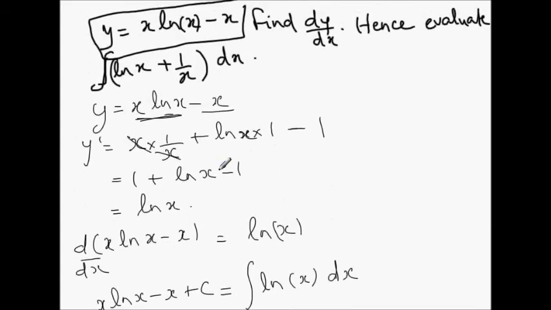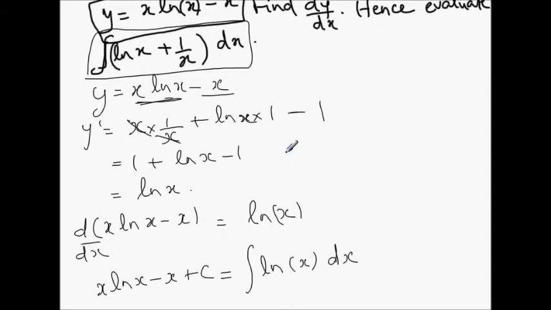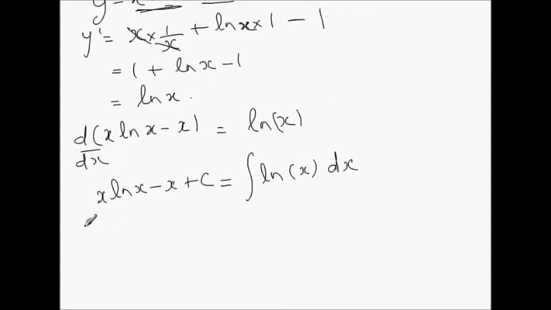But the question was to find the integral of ln x plus 1 over x. So we need to find integral of ln x plus 1 over x dx. But the answer for the previous question was just ln x. Doesn't mean that you will be asked only for the integral of the answer. It could be something extra here.